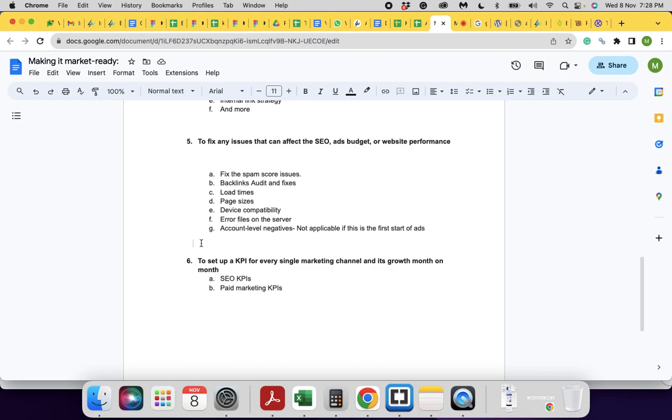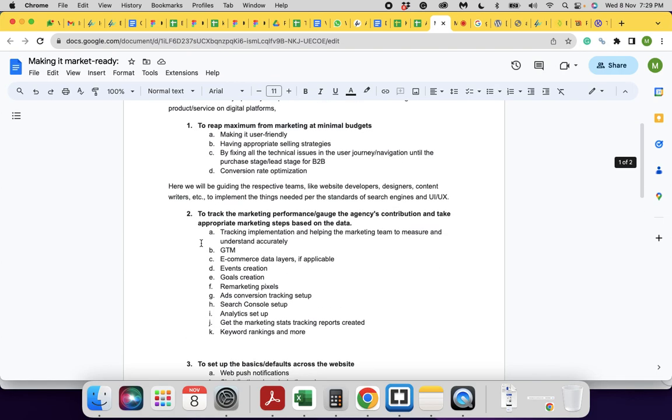In case they want you to take care of their existing ad campaigns, maybe that's when you have to audit and understand, and that can be part of making it market ready, understanding and fixing. Also, these conversions are not just for SEO or not just for one thing. These conversions are basically when you implement all of these tracks for social media platforms and everything. I'm not sure if I have understood your question properly or not.